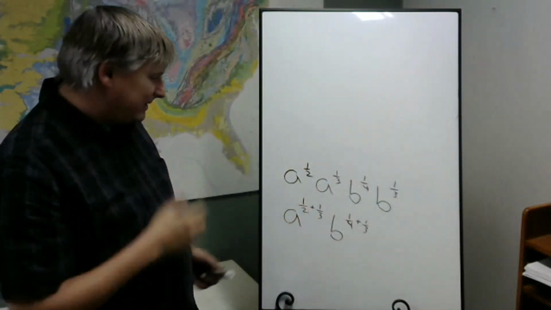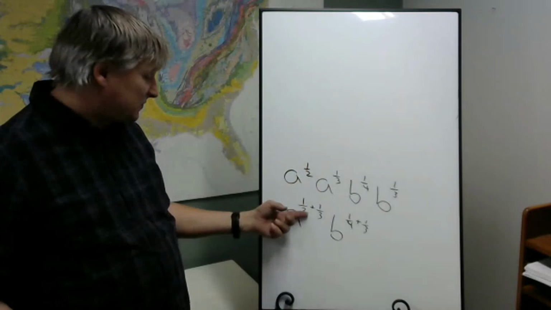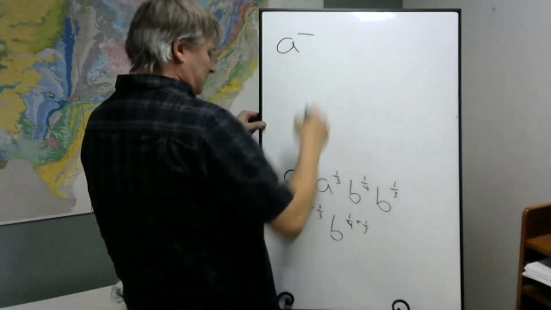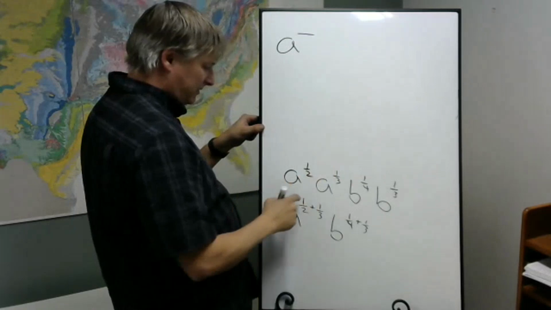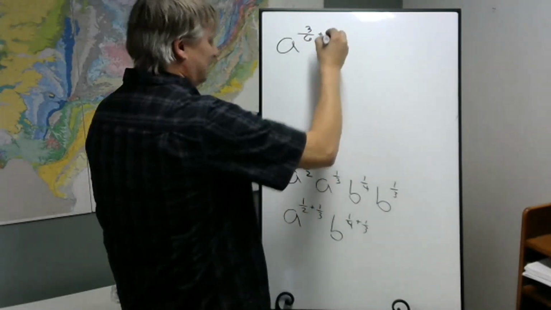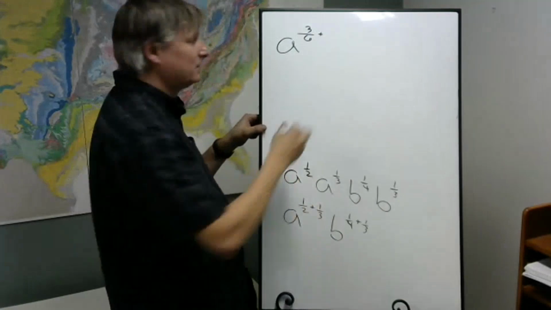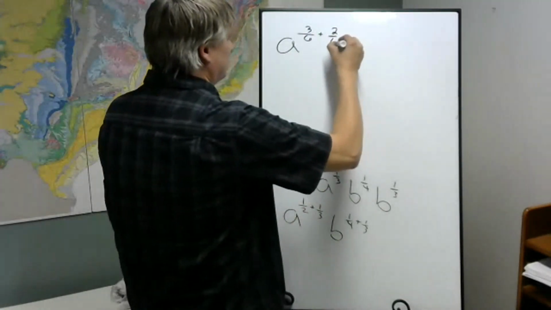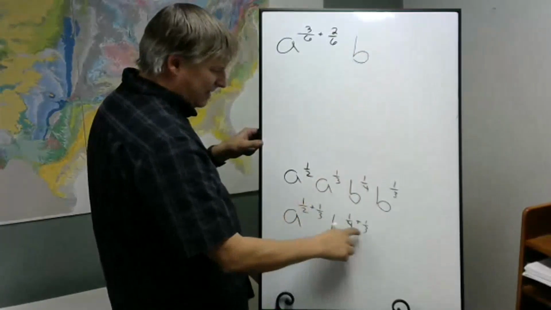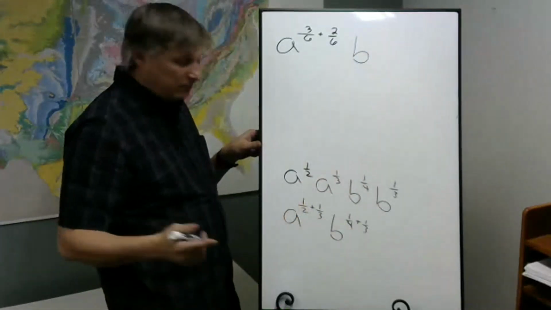Now, common denominator, say 6 for this one. And so that means we'll multiply top and bottom by 3, top and bottom by 2. Common denominator of 12.